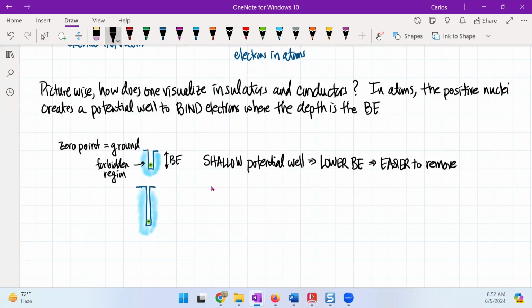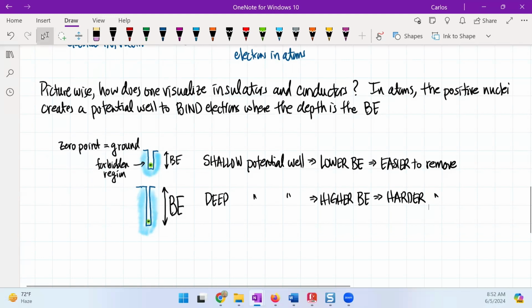And what we're seeing here is that this guy has a deeper well, so it has a higher binding energy. So this is a deep well, and as a consequence, it has a higher binding energy. Therefore, it's harder to remove.